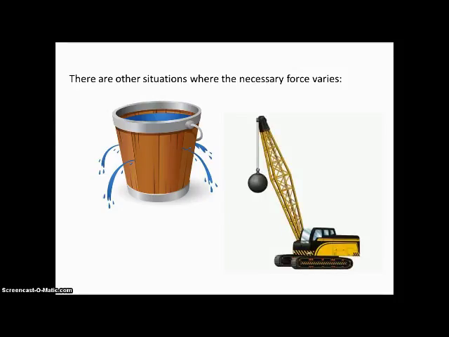Or you could have a ball and chain on this crane vehicle, and as you lower it, you've got more chain, and the chain's heavy, and so the force is going to be greater. The pull of gravity on the ball and chain is going to be greater, and if you pull it upward, then again, like the leaky bucket, you're going to need less and less force as you pull it upward because there's less chain. So we're going to take a look at a couple of examples along those lines now.